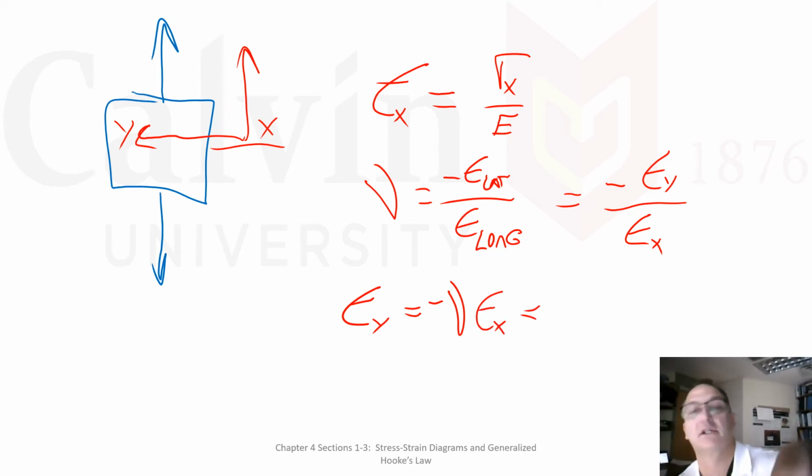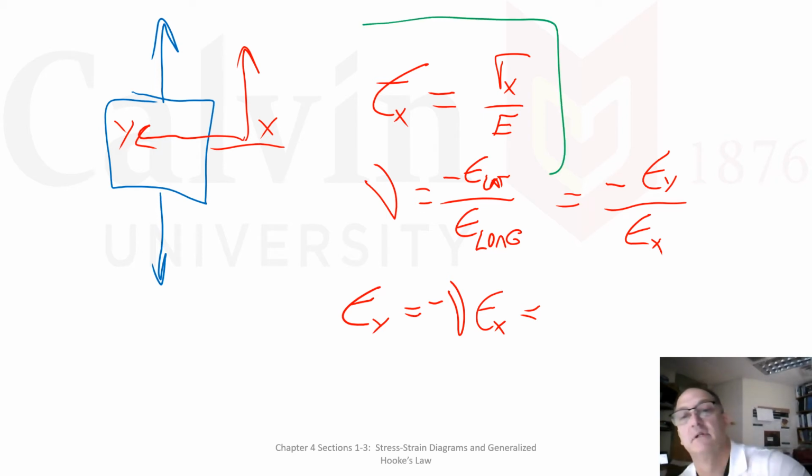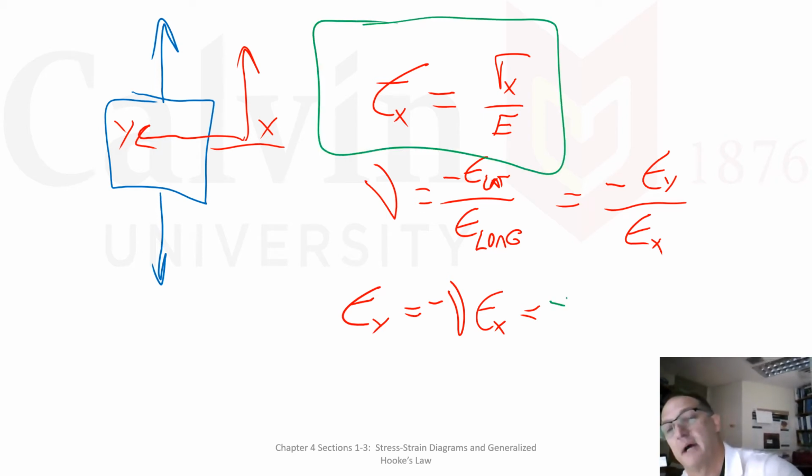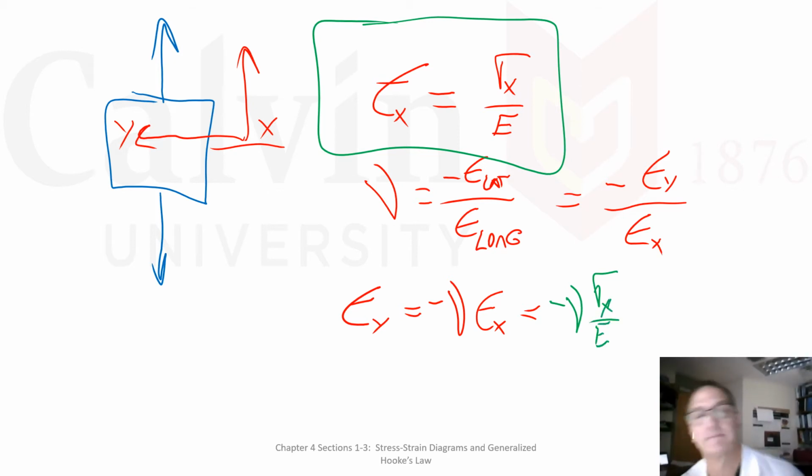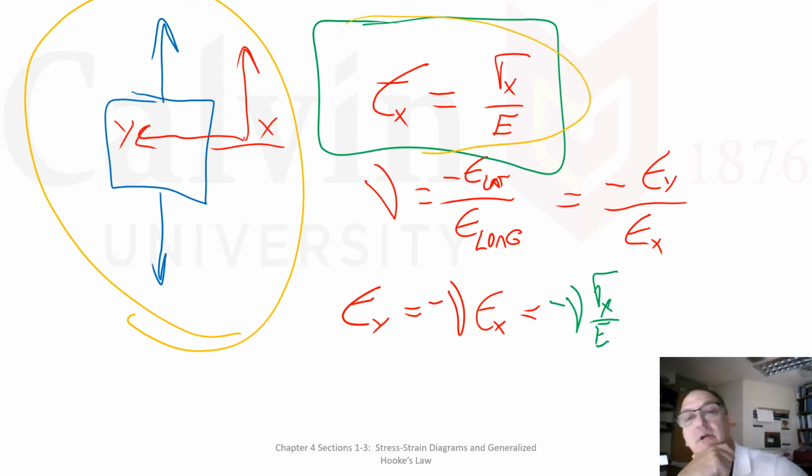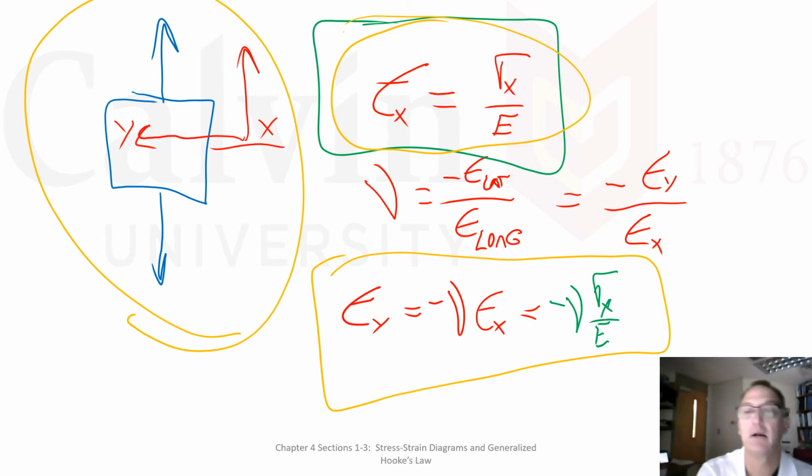But the strain in the X direction I just solved up above, right? So now it's equal to minus Poisson times stress in the X direction divided by Young's modulus. So now in this simple case, I've got the strain in the X direction, and I've got the strain in the Y direction as a function of the stress in the X direction. Or we can think about it as the force divided by the area in the X. Yep, we got it.